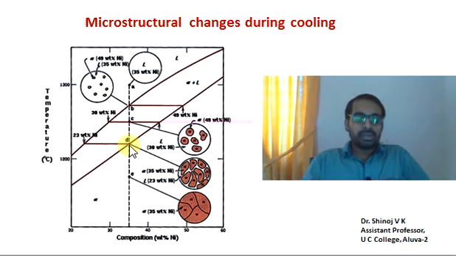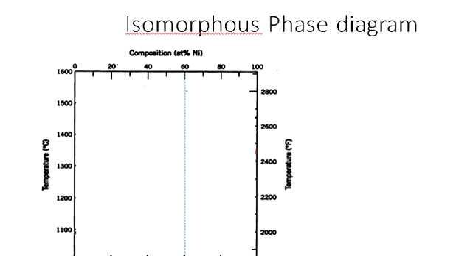So we will study in detail the microstructural changes in phases during cooling. Now let us consider a particular alloy, such as the copper-nickel alloy, as we see here, and look at the microstructural evolution in that alloy. First, let us plot the phase diagram for this alloy.